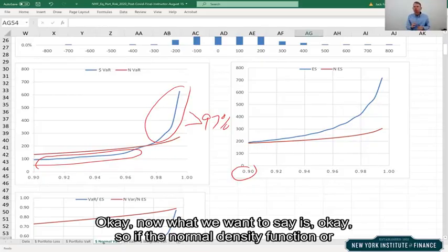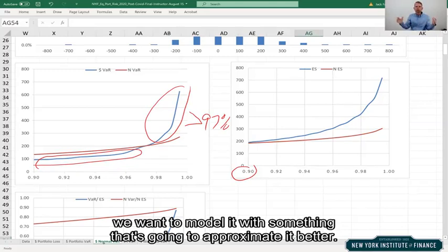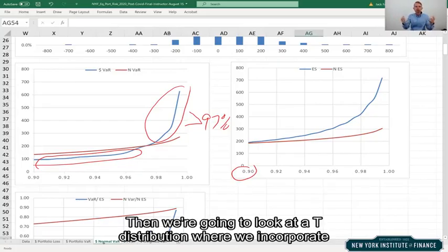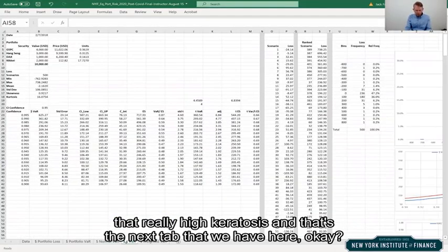Now, what we want to say is, okay, if the normal density function or distribution is not a good way to model this, and we want to model it with something that's going to approximate it better, then we're going to look at a t distribution where we incorporate that really high kurtosis. And that's the next tab that we have here. Okay. All right.